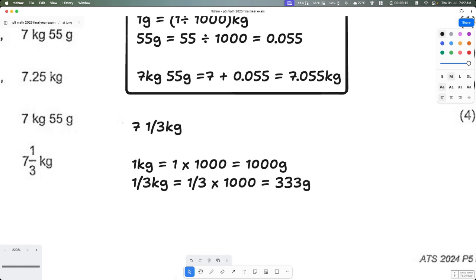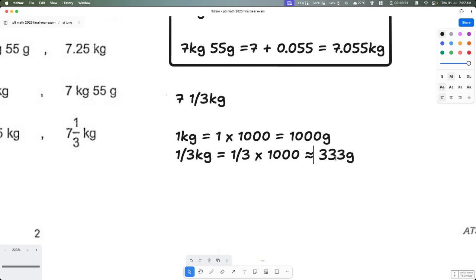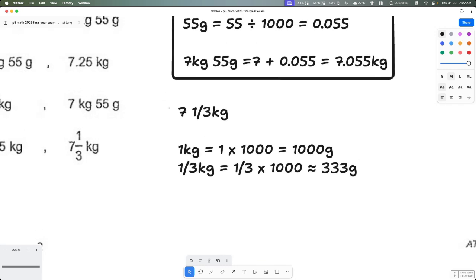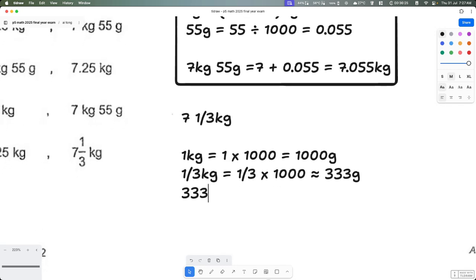333 grams, okay, ish. If you were to do the workings, it will roughly be this. Now this 333 grams is equal to 333 divided by 1000, which is equal to 0.333 kilograms, kg over here.